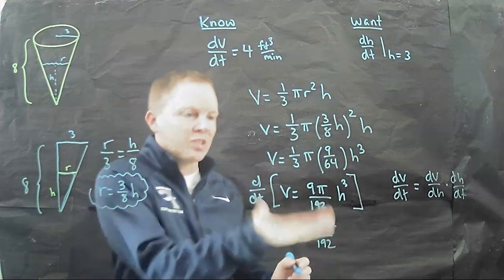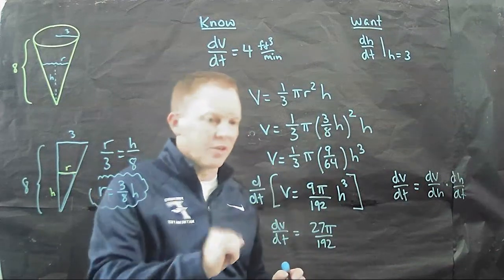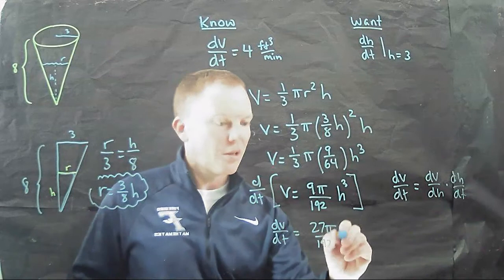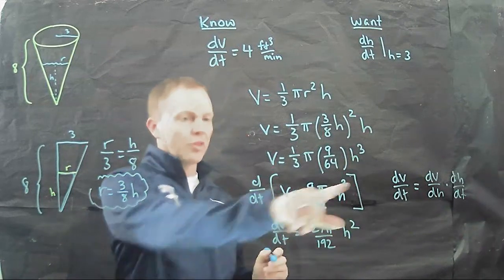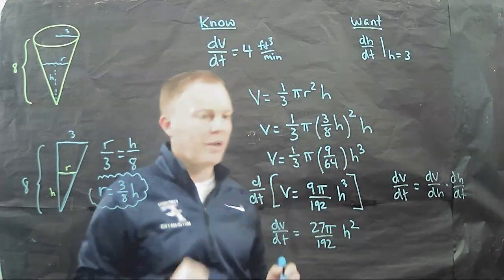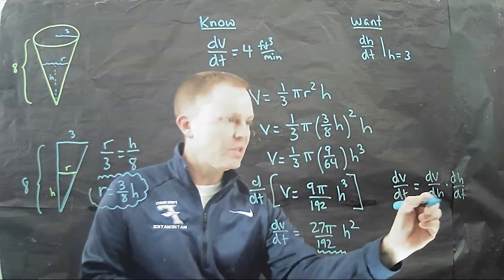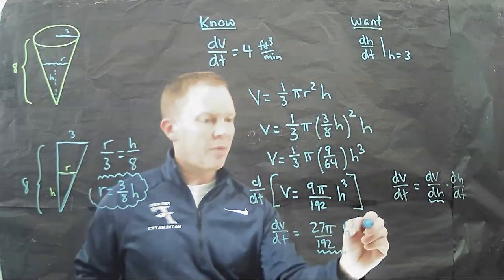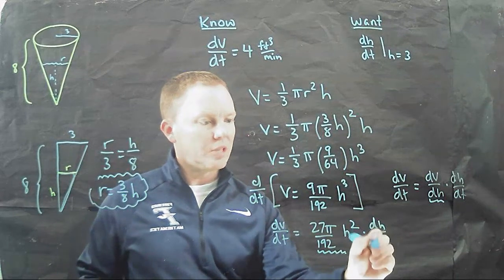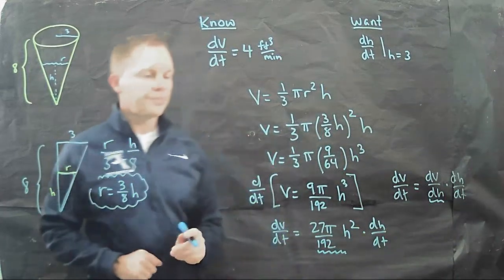Now, friends, this is all just a big constant here. Just leave it as a constant. H squared. So I brought the 3 times 9 and made 27, okay? So this piece right here is dV dH. And now we're going to multiply by dH dt, okay?